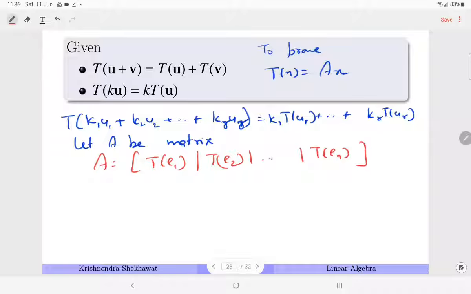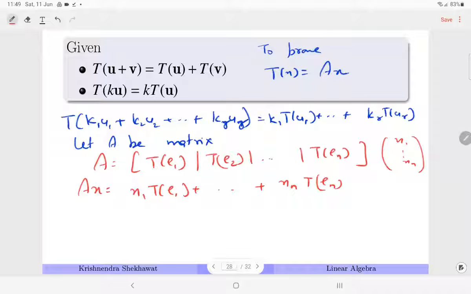This is how I define the matrix A. If A is defined like this, then if I multiply x to A, where x is x1, x2, xn, it would become x1 T of E1 plus xn T of En.